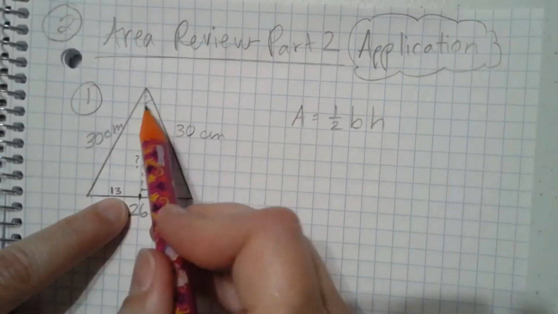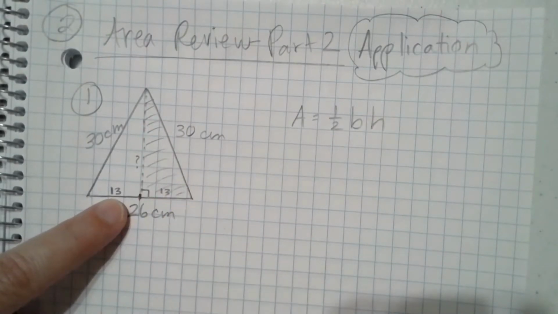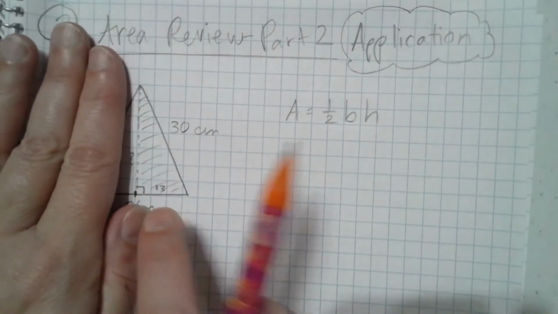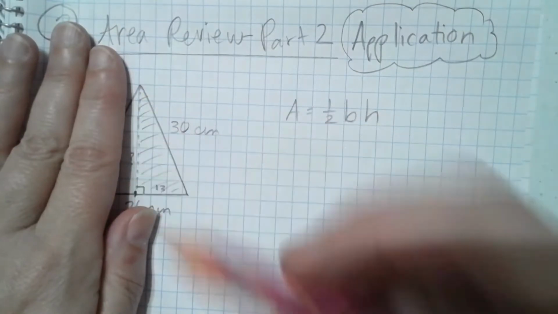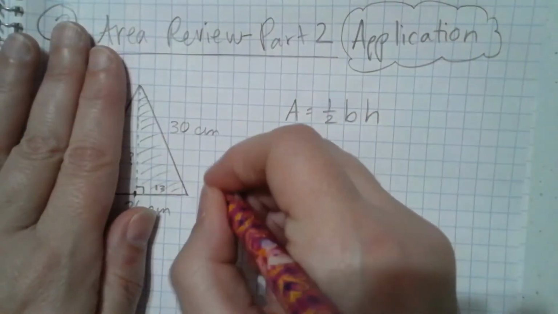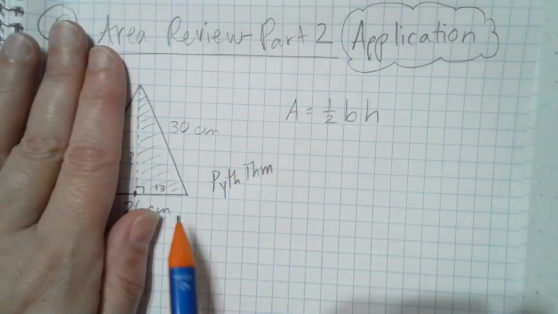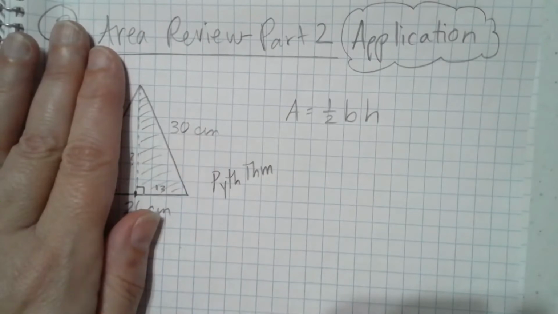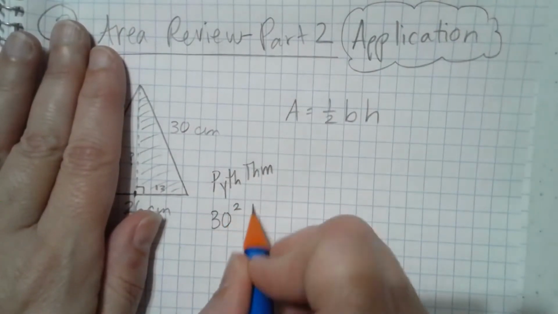Okay, so now we can take 1/2 of this big triangle, pretend that we don't have this stuff, and now we can use this 30 and this 13 to solve for this missing side by using our friend, the Pythagorean theorem, right? A squared plus b squared equals c squared. So again, our little shortcut that we did in class is we square both of the numbers.